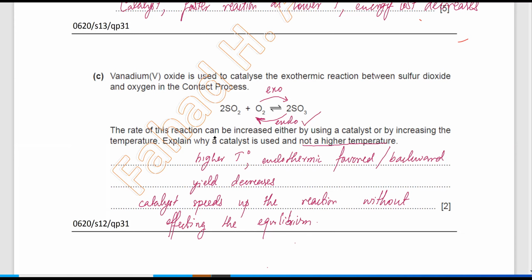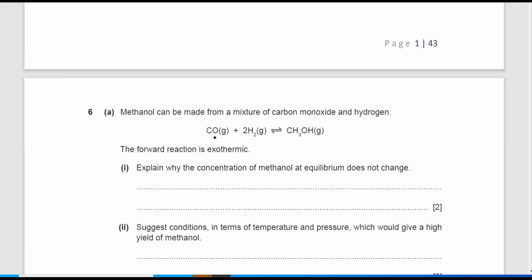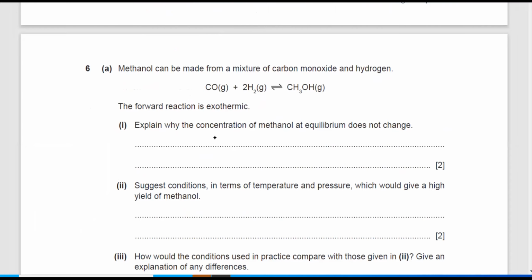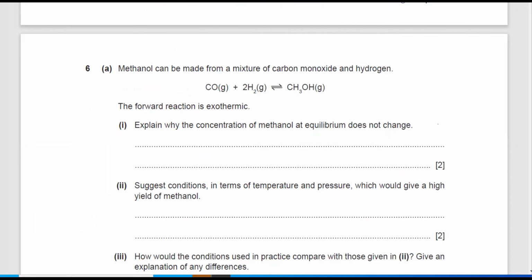Moving to the next question. There's an equilibrium reaction given over here, and you're being asked, why does the amount of methanol at equilibrium not change? If, let's say, 10 molecules of methanol are being produced, at the same time 10 molecules are getting converted back into the reactants. What is an equilibrium?